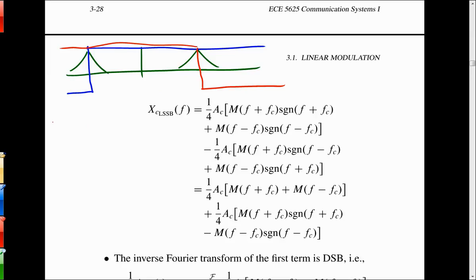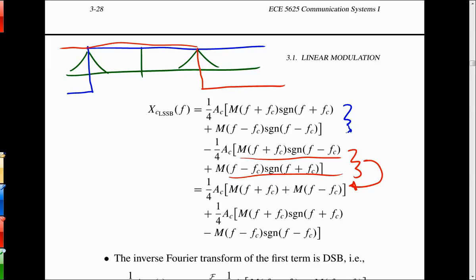The first terms I want to consider would be this one and this one, because those 2 terms have the signum function switching well away from the spectrum piece. So these 2 terms give me these guys right here, which are the double sideband terms, actually. They're the original terms that we started with, except there's a 1/4 on there instead of a 1/2.